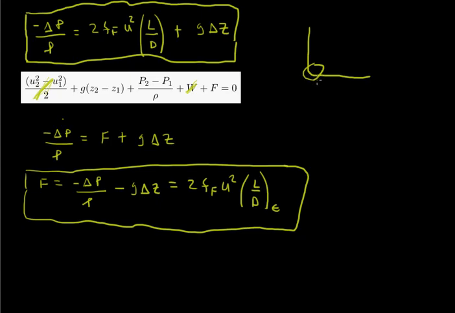They'll give you an effective length for a sudden expansion. So if you're flowing from a narrow pipe and then it suddenly expands, they'll give you an effective length for that. Conversely, if you're flowing from a wide pipe and then you suddenly contract, there's an effective length for that as well.